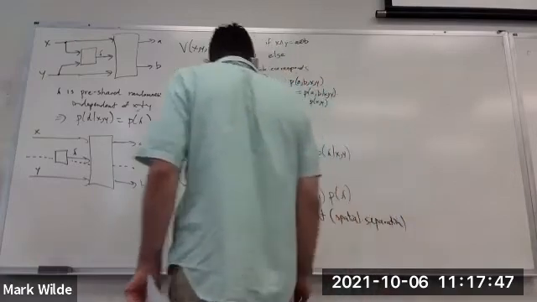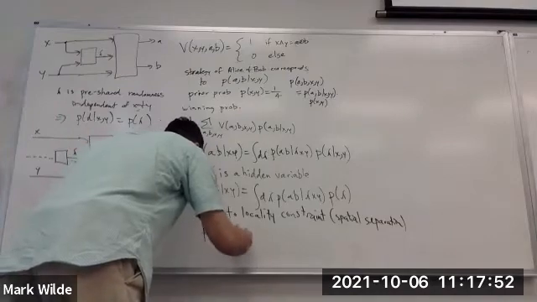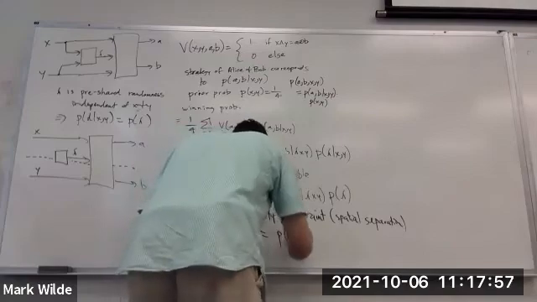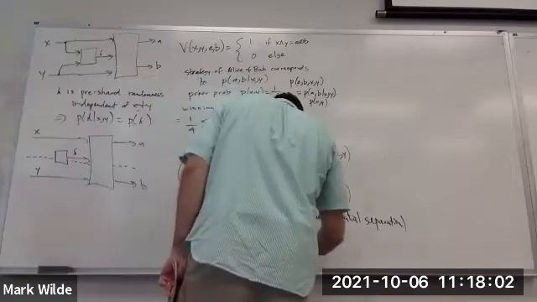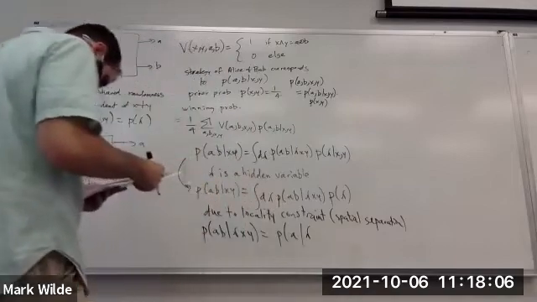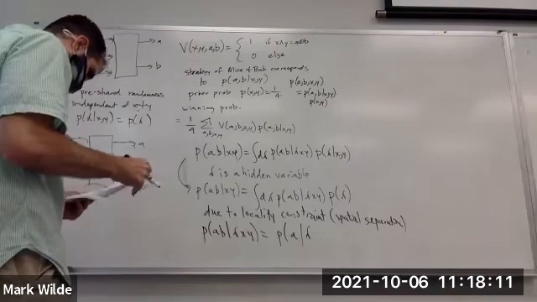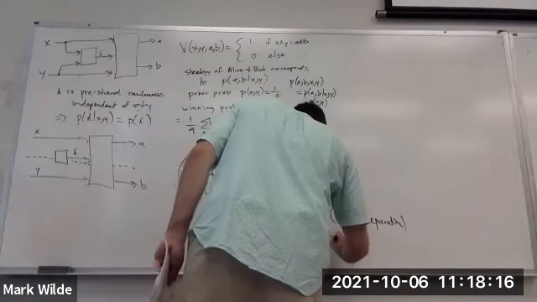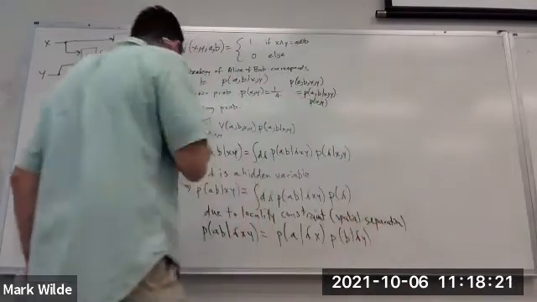Whatever Alice does is independent of Bob. So this distribution here has to factor into two distributions. I'll call one P. So I'm kind of doing two factorizations.